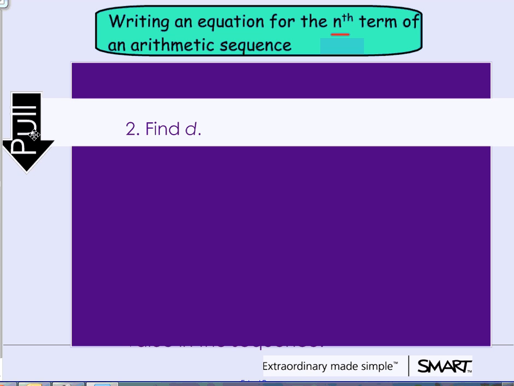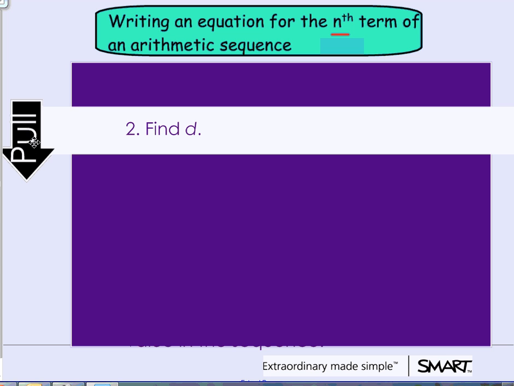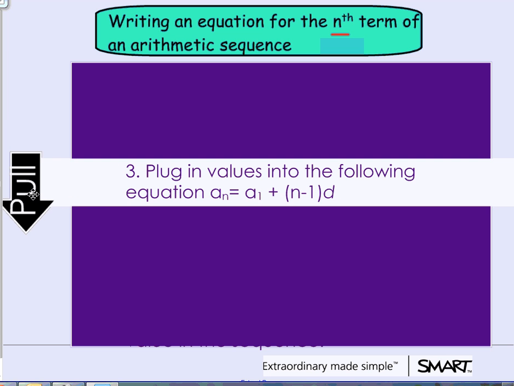Okay? Then you want to find your d. Then you're going to plug the values into this equation. And this equation is the equation that I was talking about, this one right here. Okay? It's very, very important. Write it down. It is your arithmetic sequence equation: a_n equals a_1 plus n minus 1 times d. All right?